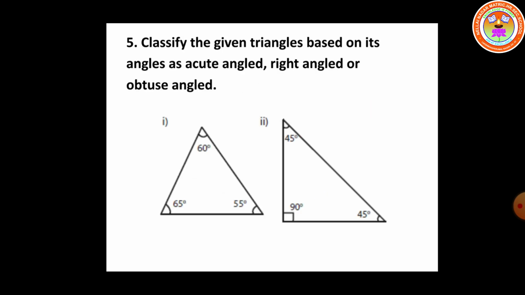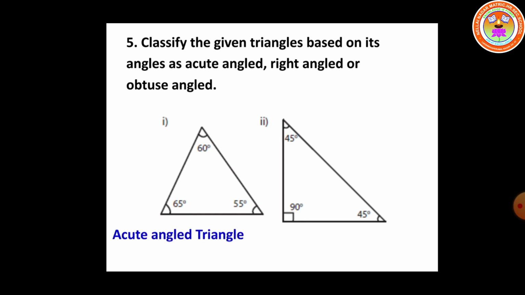Fifth one you see. Classify the given triangles based on its angles as acute angled, right angled or obtuse angled. Acute angle means all the angles are less than 90 degree. Right angle means one of the angle is 90 degree. Obtuse angle means one of the angle is greater than 90 degree. See the first one, all the angles are less than 90 degree.